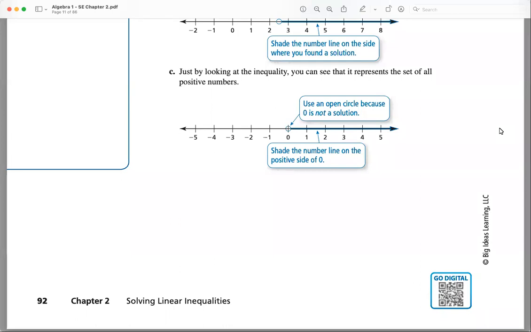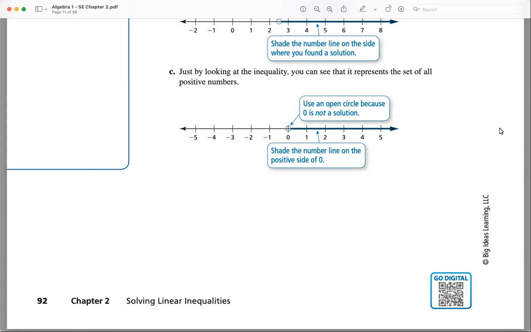Looking at C on the same page, and the inequality was Z, the letter Z greater than 0. So 0 is not a solution, but it's going to be any number greater than 0.